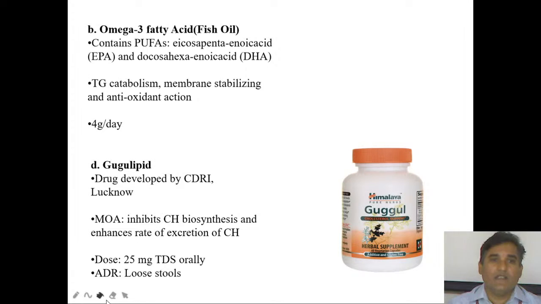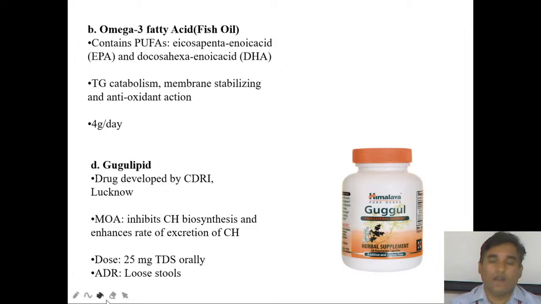Omega-3 fatty acids contain PUFA, especially EPA and DHA. They increase triglyceride metabolism and therefore decrease the plasma lipid level, and also act as an antioxidant. The dose is 4 grams per day, and that is a very good drug.